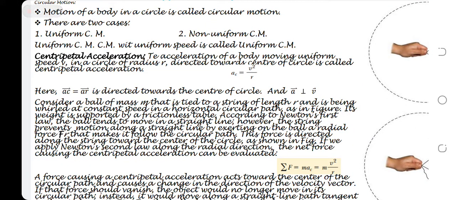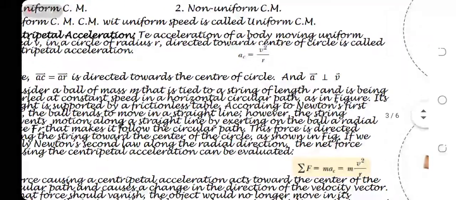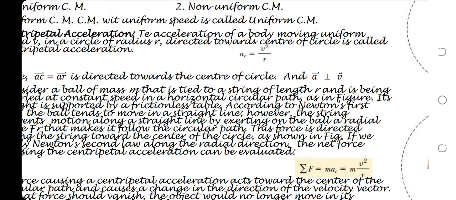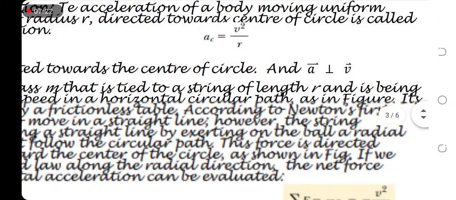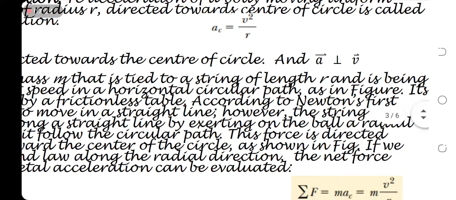Here, a_c can also be written as a_r. The c is the subscript for centripetal and r is the subscript for radius, radial acceleration. It is to be noted that the acceleration is always directed along the radius toward the center of the circle, whereas velocity is along the tangent, so acceleration is perpendicular to the velocity.